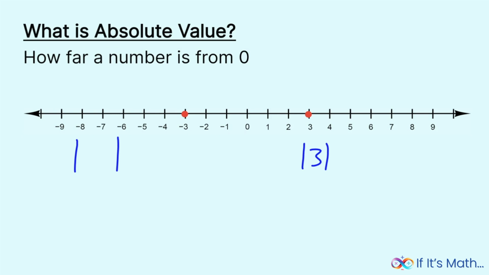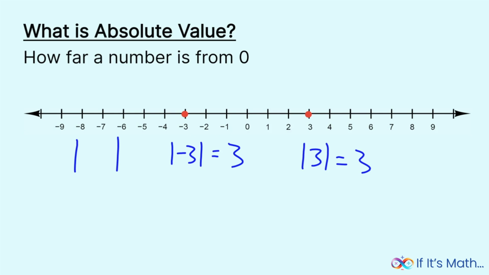So we know that the absolute value of 3 is going to be 3 because it's 3 places away from 0. By the same token, the absolute value of -3 is also going to equal 3. Because how far is it from 0? You've got 1, 2, 3 places. So that absolute value is +3.